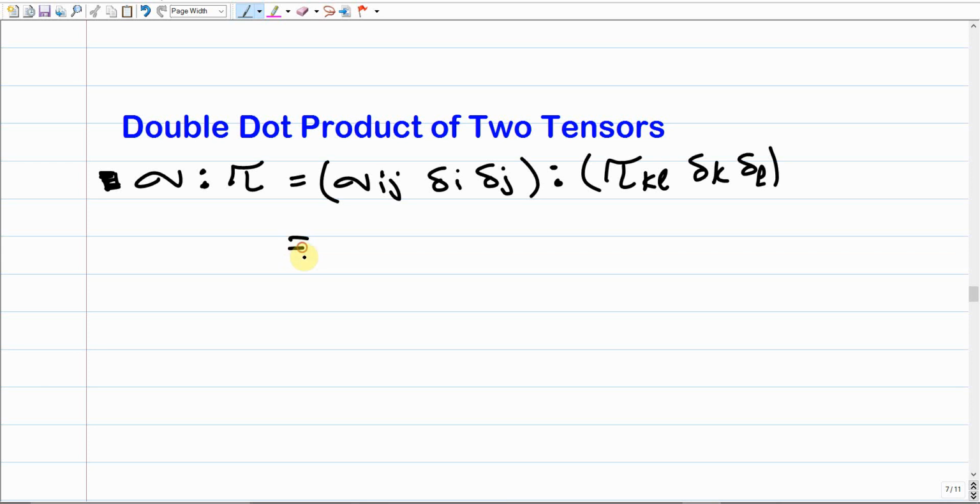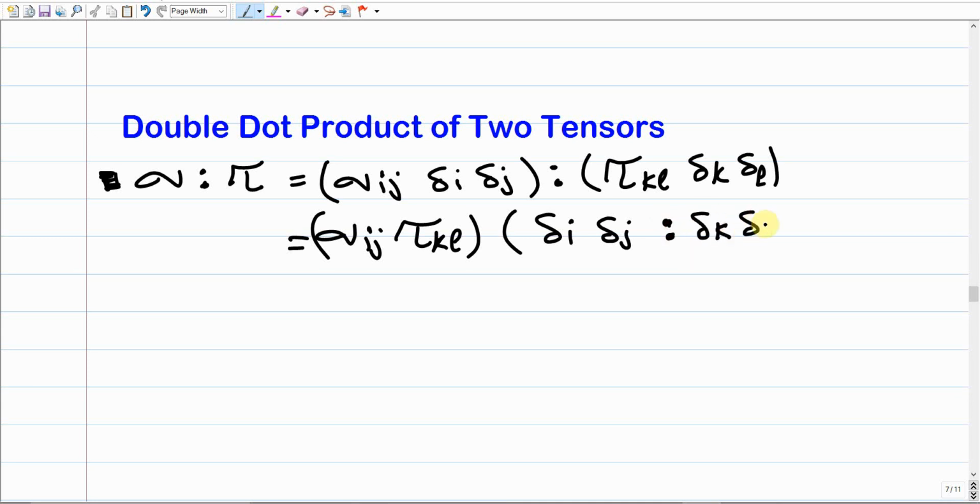Then we just do the normal multiplication of the components of the tensors in this way, and the operation should be done on delta i, delta j, double dot product with delta k, delta l, right? As we agreed and discussed in the operations over unit vectors, this double dot product gives the dot product of these two unit vectors times the dot product of these two unit vectors.